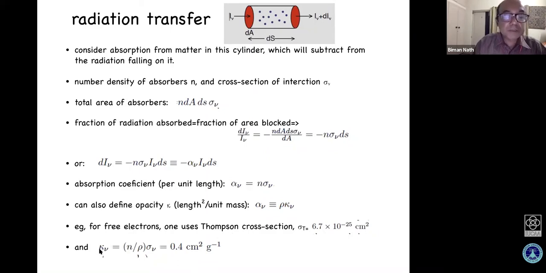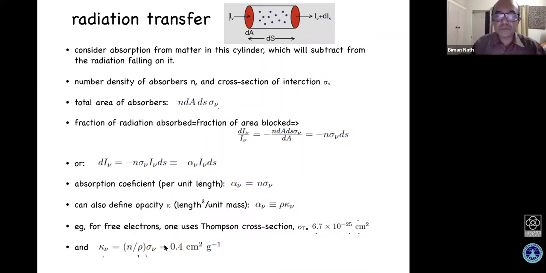Then I can write the opacity, this kappa nu, in terms of number density and the mass density, and that will be like this, centimeter squared per gram. In other words, if the light is passing through 1 gram of matter, this will be the combined cross section, or resistance, of absorption.